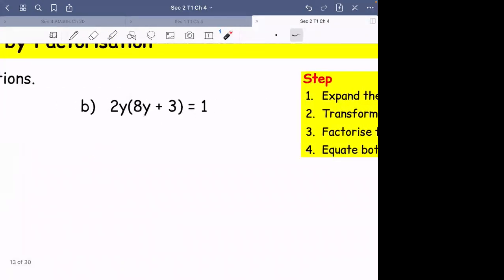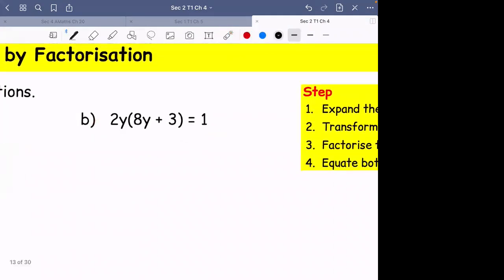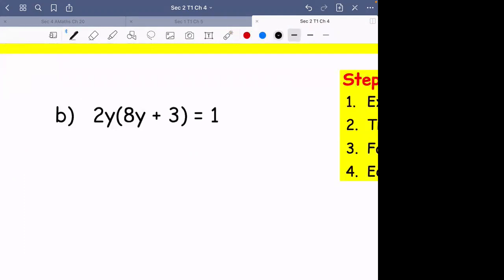Again, this is not equal to 0, this is equal to 1. So we need to expand this and then transform to standard form. We should get 2y times 8y is 16y squared, plus 2y times 3, 6y, and then minus 1 equals 0. So that's it.